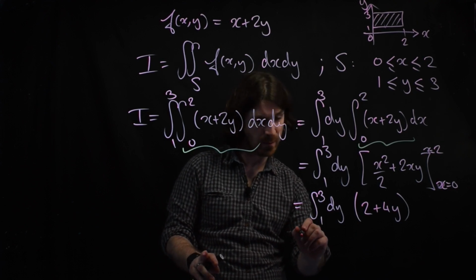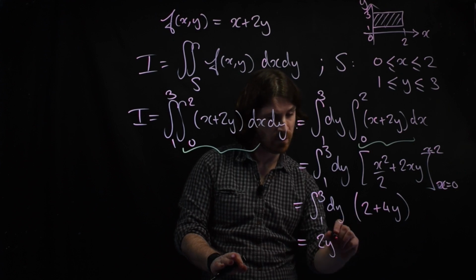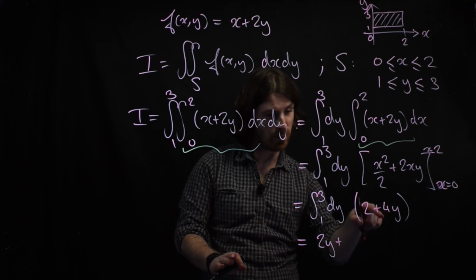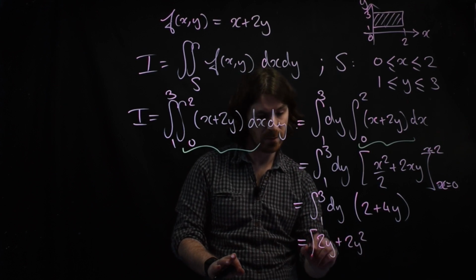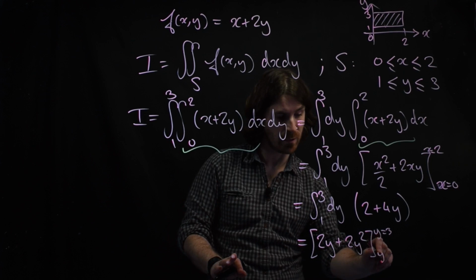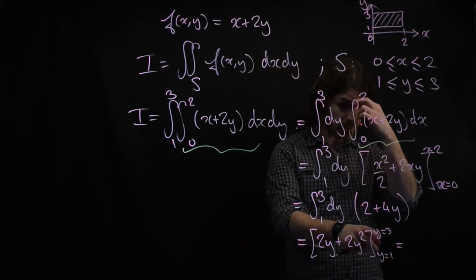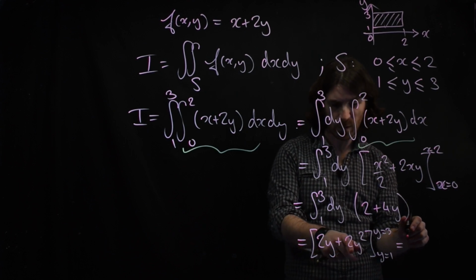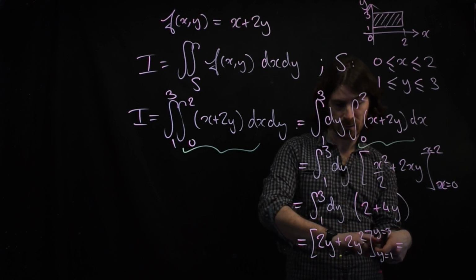So now we just need to do this integral. It's equal to 2y plus 4y squared over 2, 2y squared, between y equals 3 and y equals 1. So this equals 2 times 3, which is 6, plus 2 times 3 squared, which is 18.